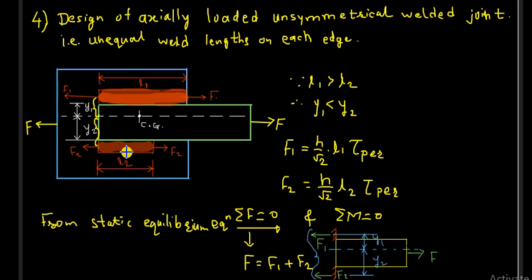The basic difference is that here you can see, due to deposition of unequal amount of weld material on both the sides, the CG of the welded system will be transferred closer to the weld bead having higher length, or in short the weld bead having the higher amount of weld material as compared to the other.